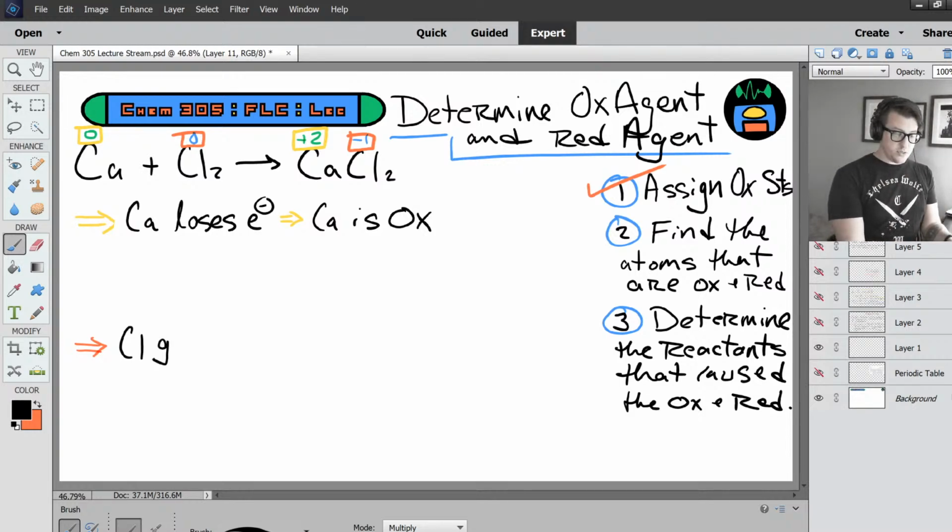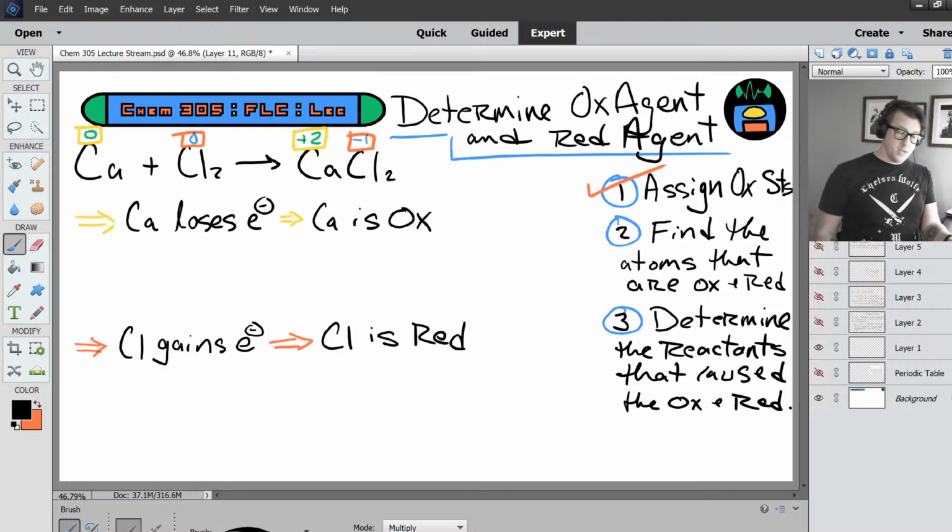So that means chlorine gains electrons. Chlorine, the element, gains electrons, so we say that chlorine is reduced. Once you've determined the atoms that are oxidized and reduced, you're ready to move to the third and final step, which is determining the reactants that caused the oxidation and reduction.